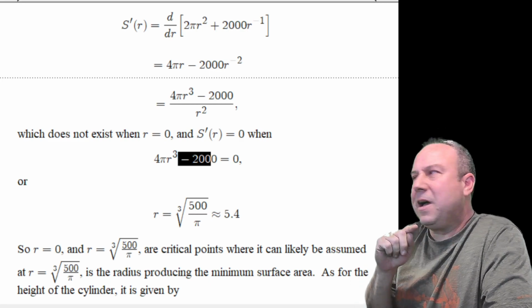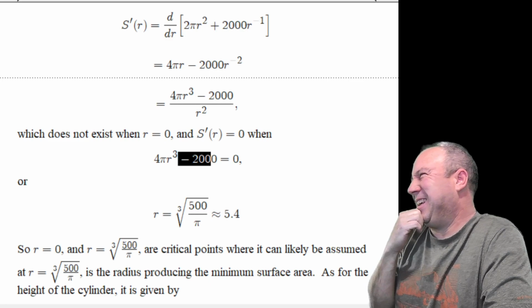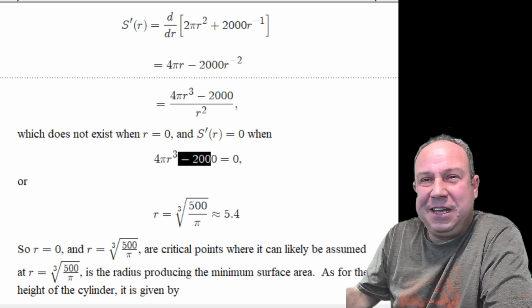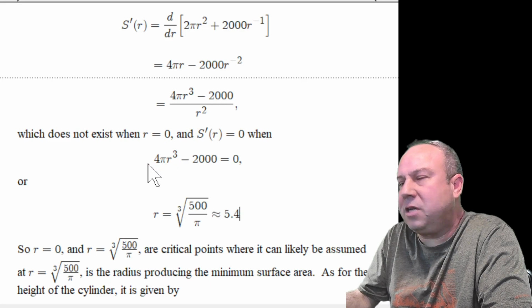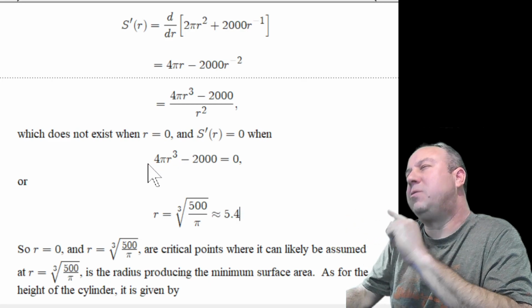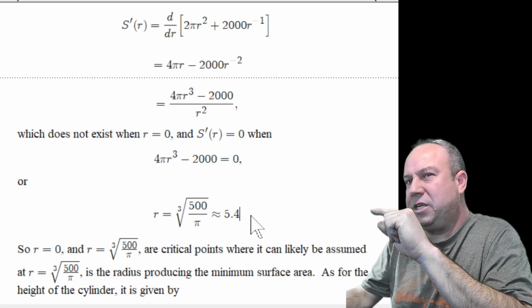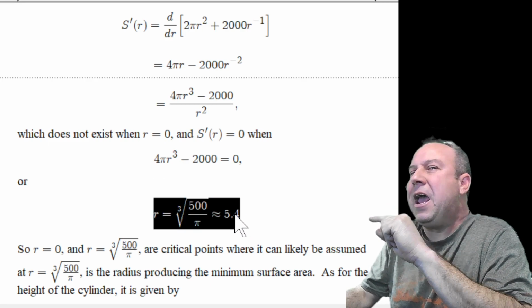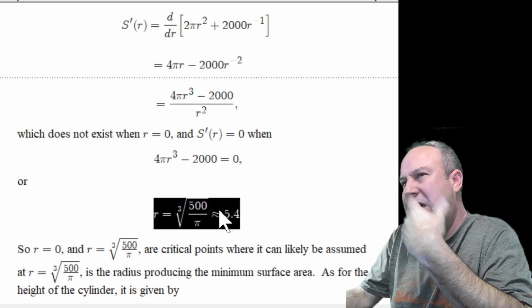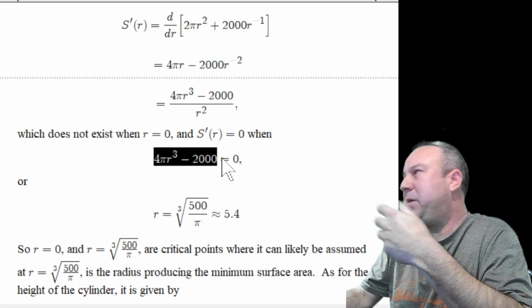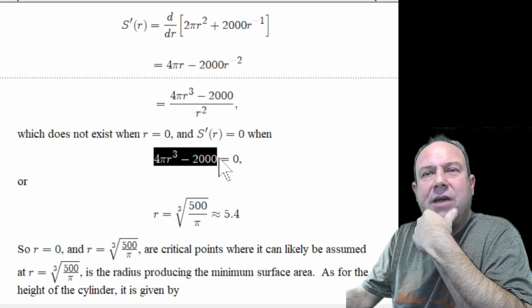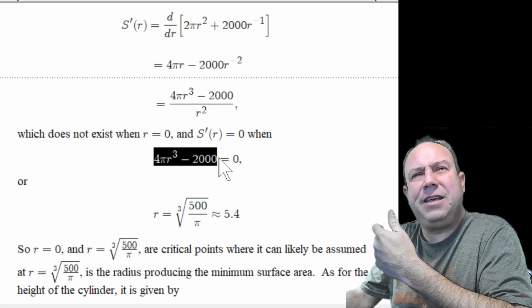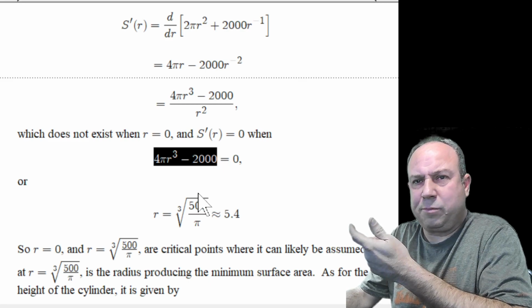Again, I just screwed up my analysis, right? I had just said when we are less than 5.4, if we're 1, we're actually going to be a negative, which means we're decreasing. We're decreasing before this point. And if we're a number larger than 5.4, like 10, we would be positive, close to 10,000, and we would be increasing after this point.